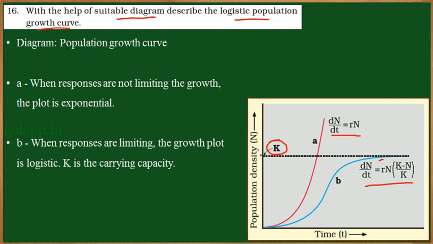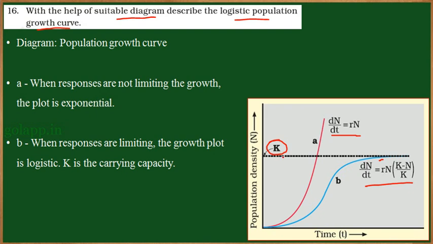So that means in nature, take any habitat, it has resources. All these resources are required for the population to survive, grow, reproduce and continue its species. These resources will support only a limited number of individuals in that particular habitat. Once the population reaches that limited number, that habitat will not support beyond those limited resources.